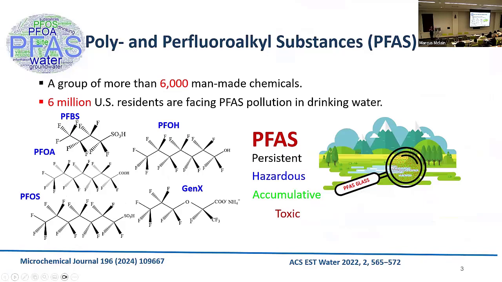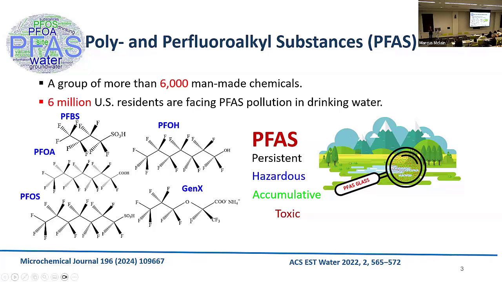PFAS stands for poly and perfluoroalkyl substances. As you can see in this slide, it belongs to a large group of more than 6,000 man-made chemicals, and around 6 million US citizens are exposed to these contaminants by drinking contaminated water.